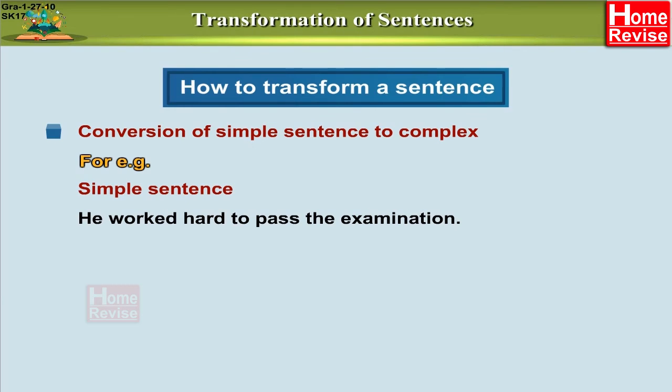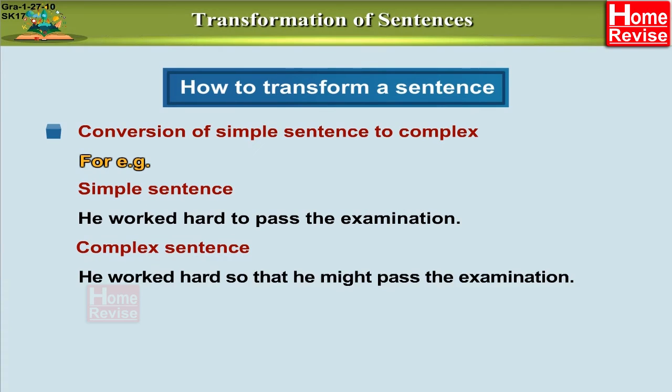So it is a simple sentence. Now let's understand how to convert this simple sentence into a complex one. As all of you know, a complex sentence needs to have one main clause and one subordinate clause. So let's see what happens. He worked hard so that he might pass the examination.